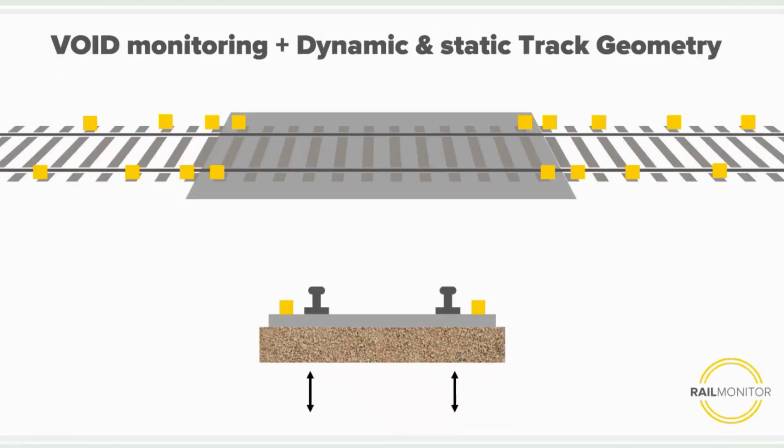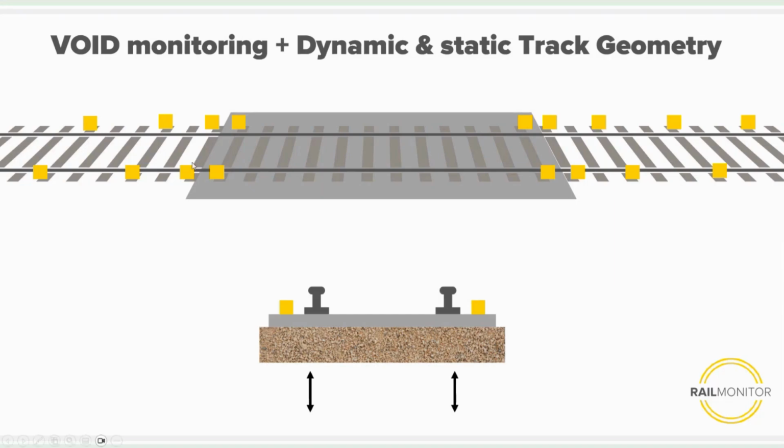The case we will make a deep dive into today is a little more complex, because in this case, the sensors, as you can see here, are not only placed on the inside of the track, they are placed on the outside of the rail. The reason for this is that the infrastructure owner here would like to have not only the voids, which means the deflection of the track, but also the information of the dynamic track geometry.